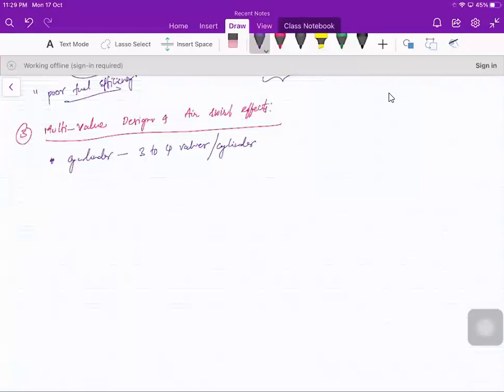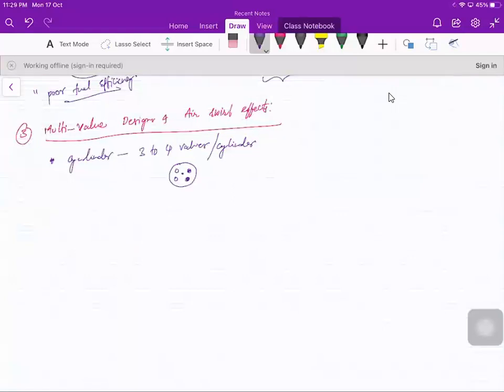So if I look from the top view, we have 2 inlet, 2 exhaust valves. And here is the injector. This configuration is common nowadays.